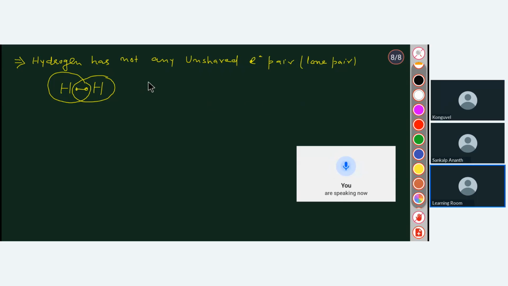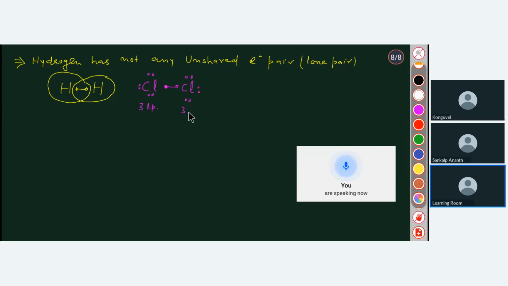But if you talk of halogens, let me take fluorine or chlorine. Fluorine has how many valence electrons? Seven, right? Among these seven, it has shared only one electron, so it has three lone pairs. Three lone pairs here, and another fluorine will also have the same.